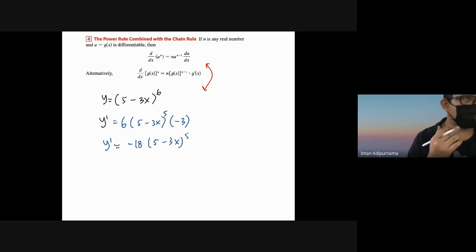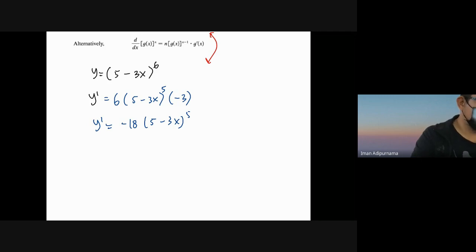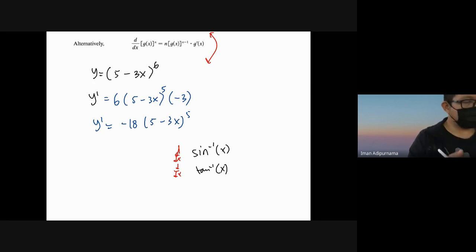And if you forget, for example, the one that I tend to forget is the derivative of sine inverse x or tangent inverse x. Even though we are not there yet, I will tell you, every time you forget this, we can still go back to where it began, and we can still solve most of the problems.